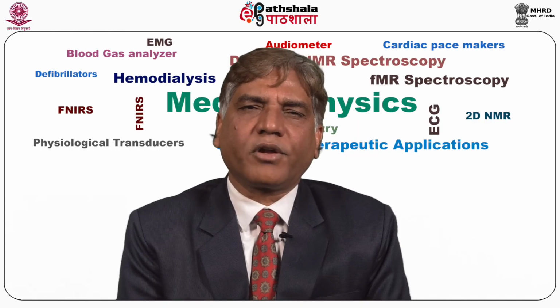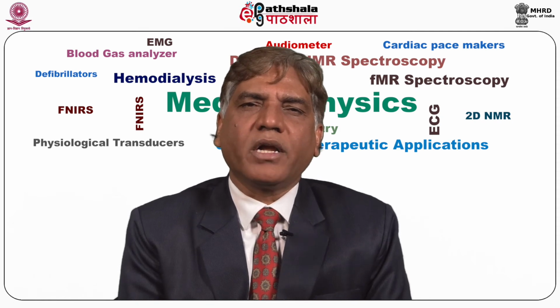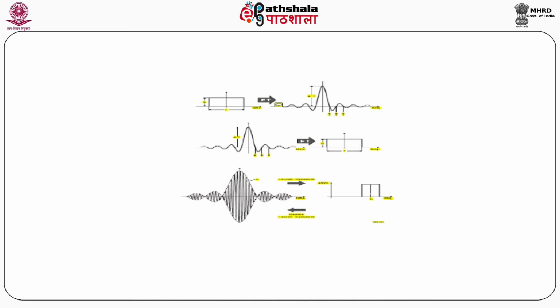Now the third step is the frequency encoding gradient. This cuts the slices into columns. This gradient will cause protons to be in different vertical columns. So now we have cut the FOV along the z-axis into slices, then each slice is cut into rows by applying the phase encoding gradient, and then further cut into columns by applying the frequency encoding gradient.